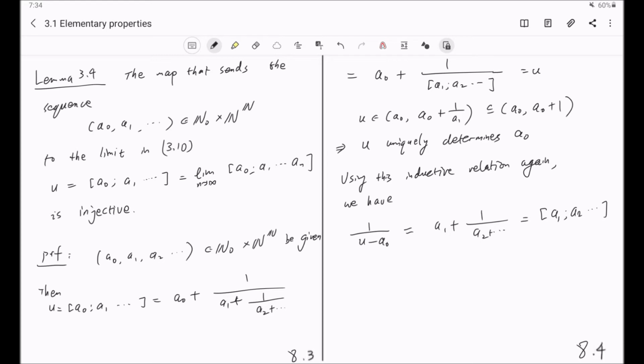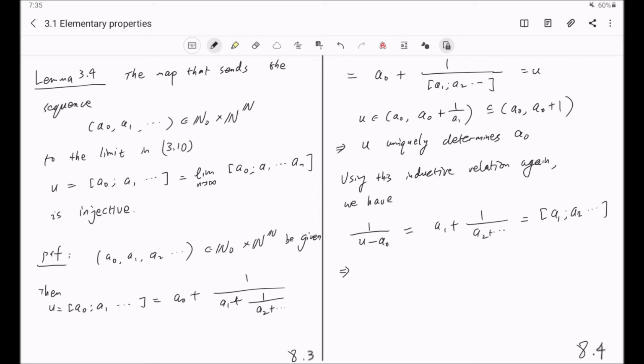And what does this tell you? Because u uniquely determines 1 over u minus a0, and this number will in turn uniquely determine a1 by the same argument as above, by replacing u with this fraction.